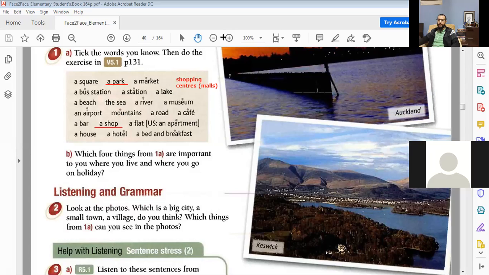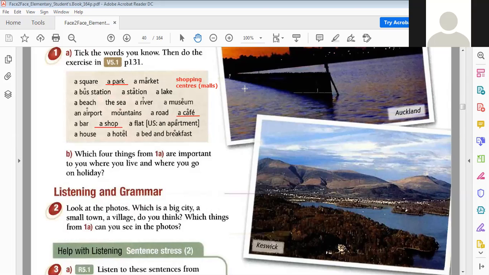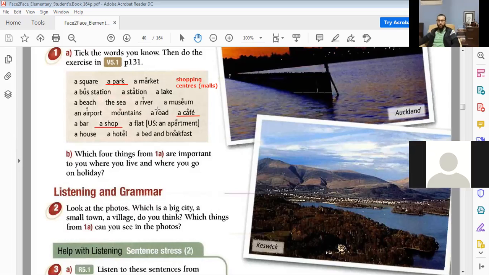A cafe. Yes, on holiday, I go with my friends to a cafe, and we drink a coffee with cake and enjoy our time. That sounds great. That's excellent. These are some important places for Manan.